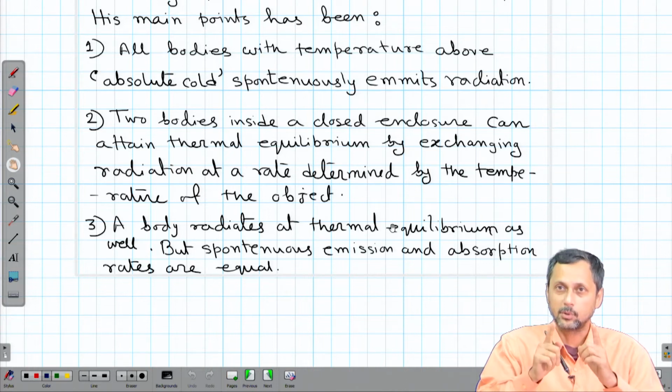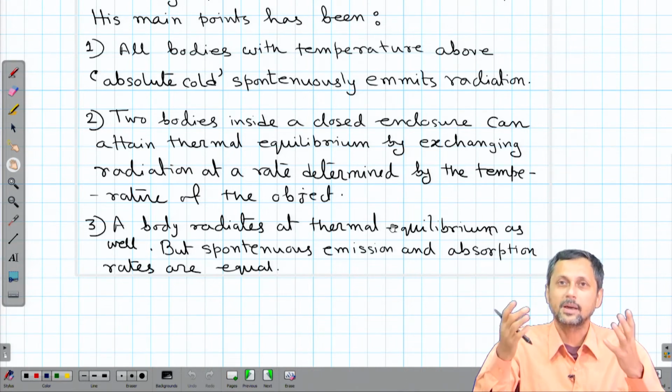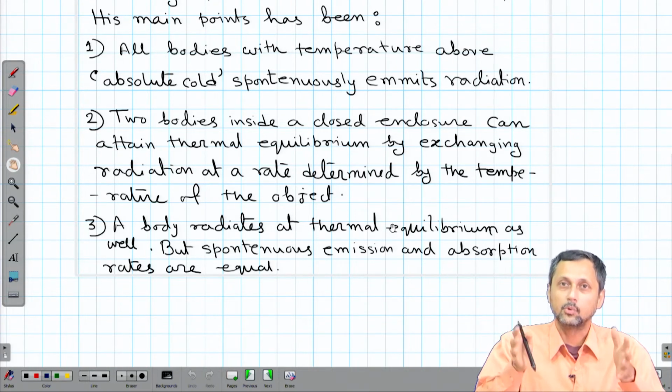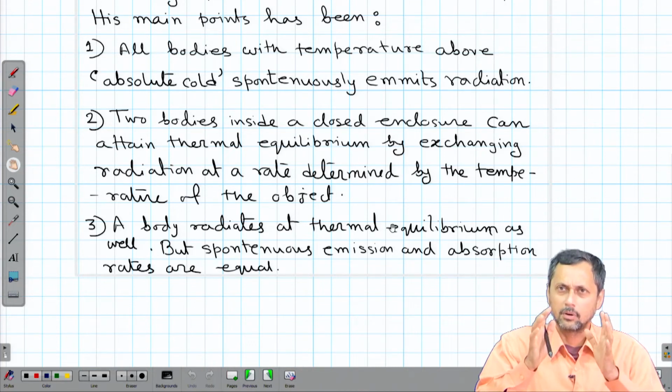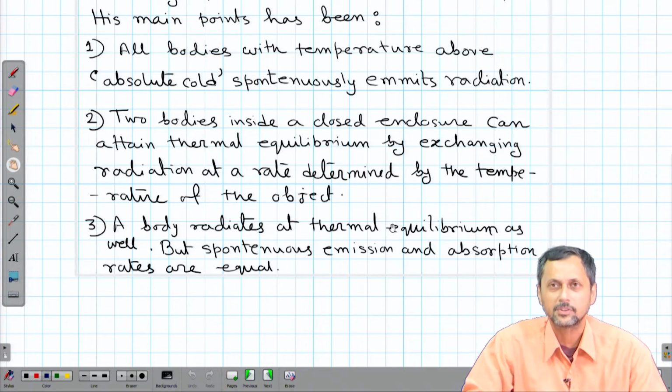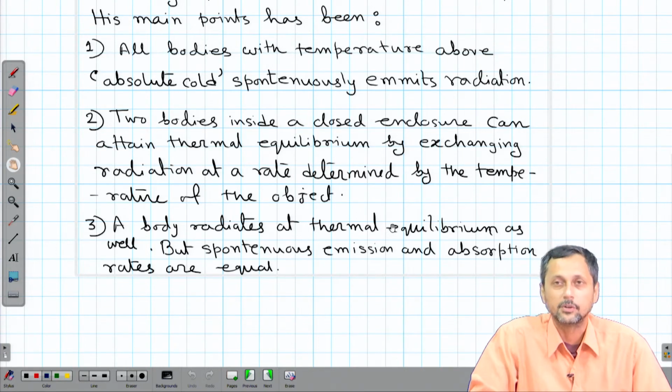But being at thermal equilibrium, the energy absorbed and the energy emitted will be equal to each other. So the net energy of the body will not change with time.